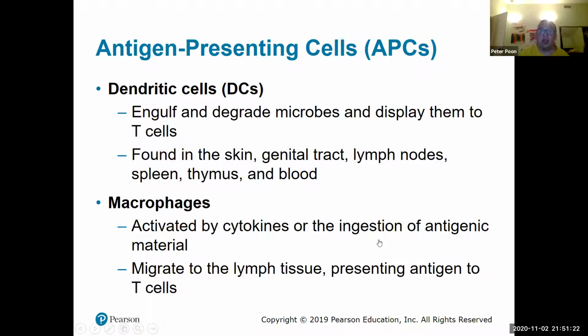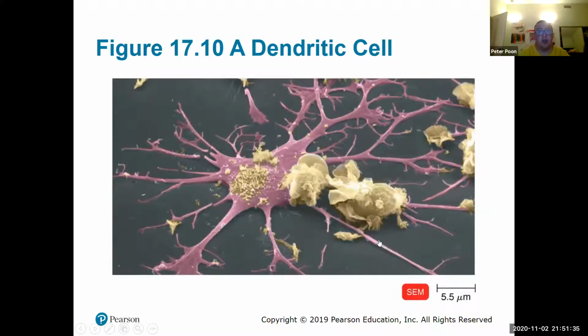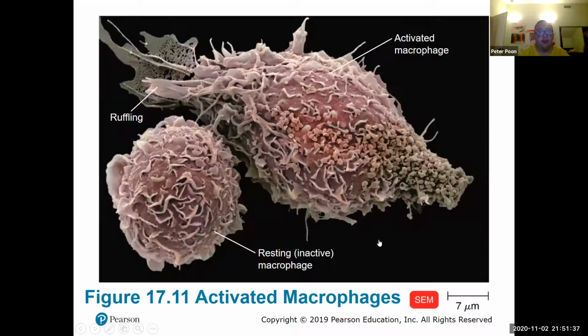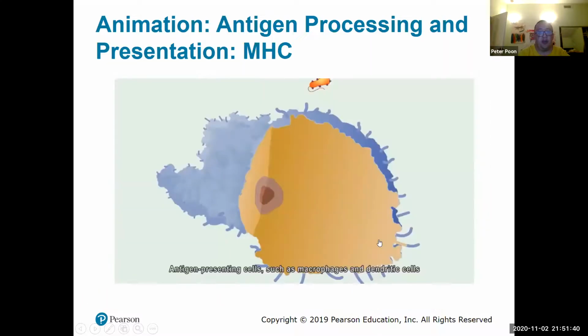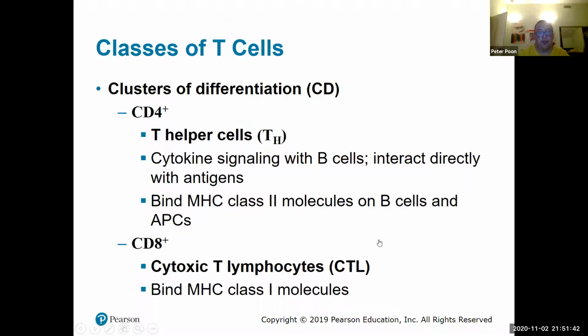Dendritic cells, macrophages, and B cells all have MHC2. So this is a dendritic cell, and this is a macrophage. The T helper cells bind to the MHC2 on B cells, APCs, dendritic cells, and so on.